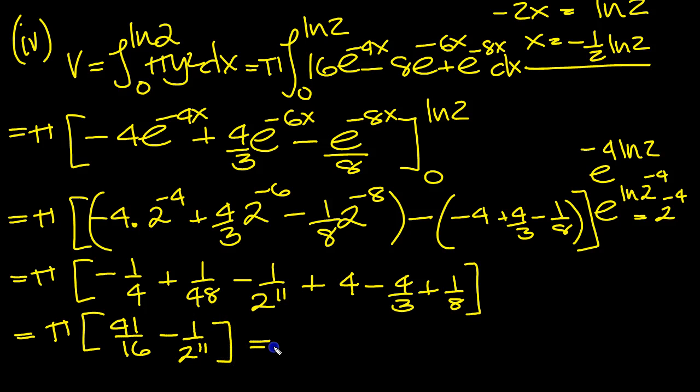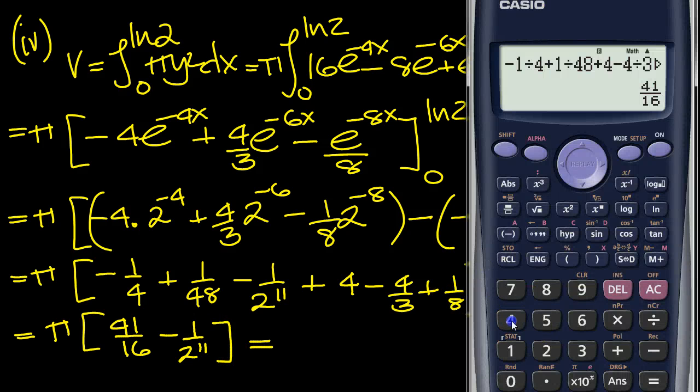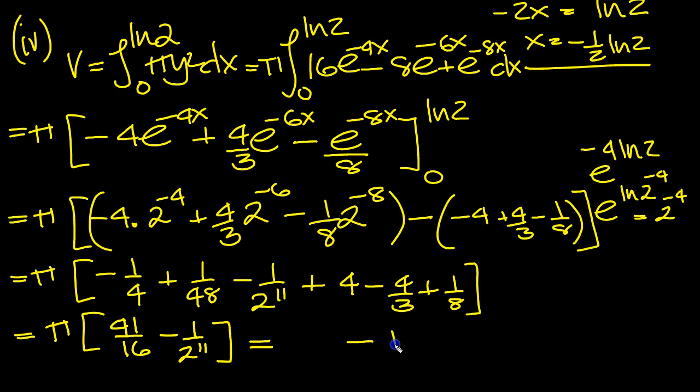So let's see what we've got here then. So it's 41 divided by 16 minus 1 divided by 2 to the power 11. We can put it in like that. No harm. Decimal. It's not giving me a thing, so I'm going to have to find out what that is. So what is 2 to the power 11? Is 2048, so it's minus 1 over 2048.